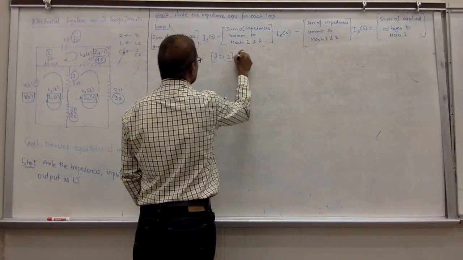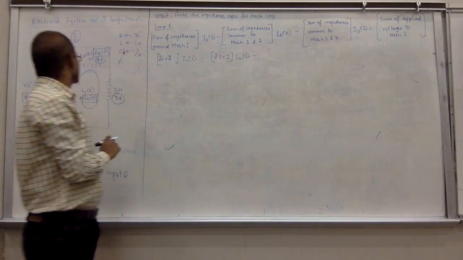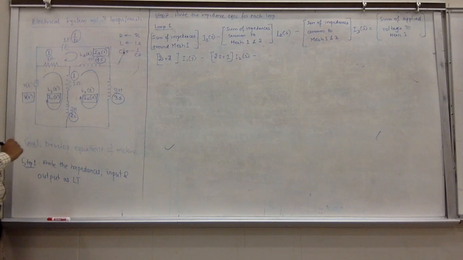Into I2 of s. Minus, what are the sum of impedances common to mesh 1 and mesh 3? 1 and 3 is 4s. No, 1. Just 1.